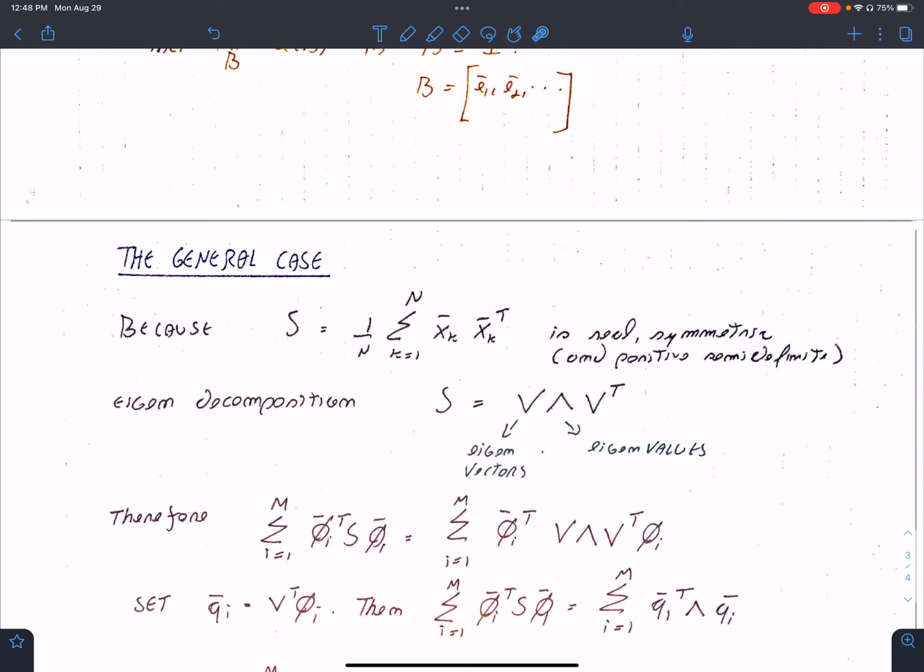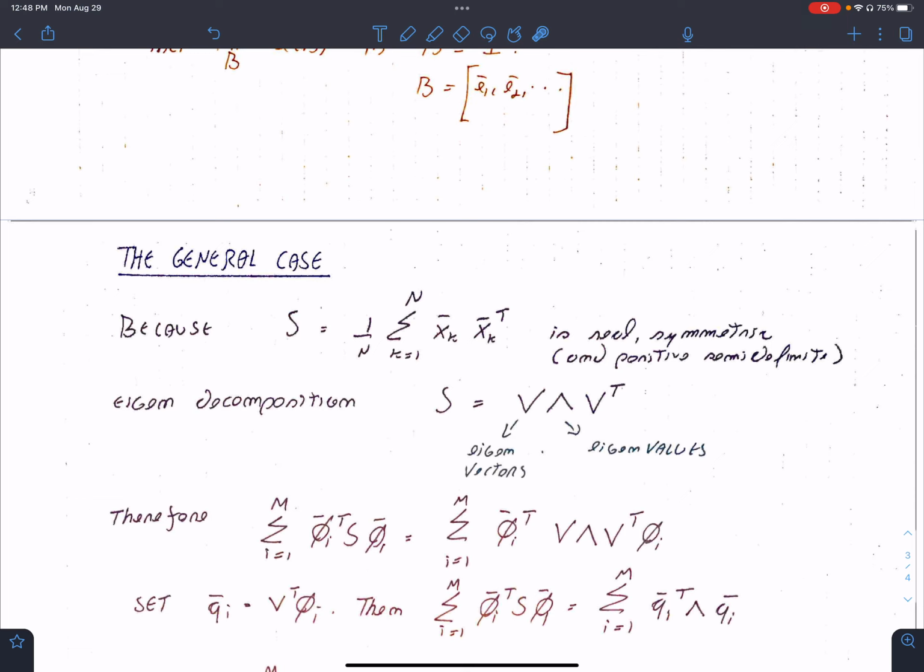S is given by V lambda V transpose, where lambda is the matrix of eigenvalues of S, and V is a matrix whose columns are the eigenvectors of S.